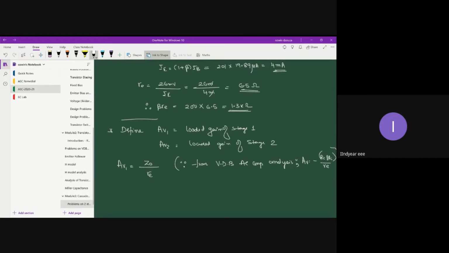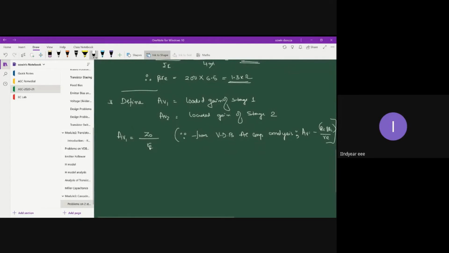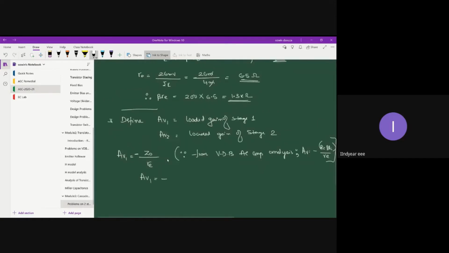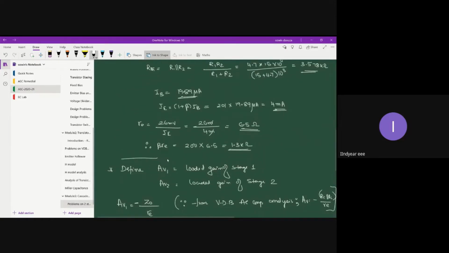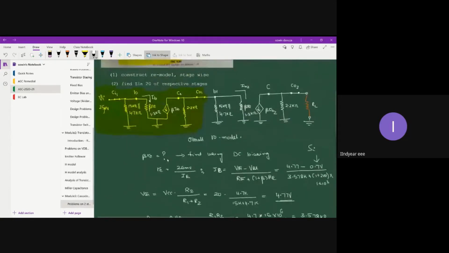I hope you remember this particular equation. In the same way, we are trying to write an expression for AV1 as well as AV2. So AV1 is equal to negative the output impedance of the first stage. We are taking this as AV1 and this as AV2.